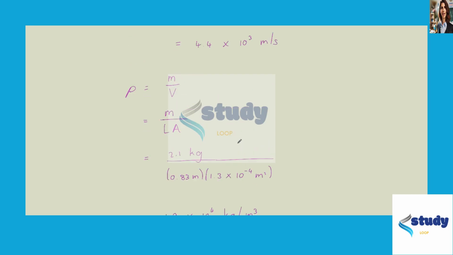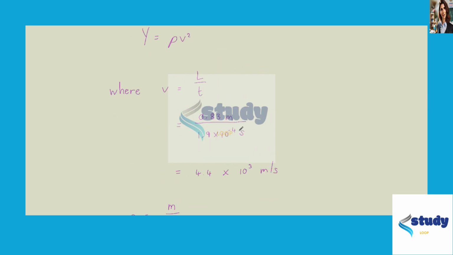We know the length of the bar to be 0.83 meters, and we know the cross-sectional area to be 1.3 times 10 to the minus 4 square meters. So hence we get the mass density of this material to be 1.9 times 10 to the 4 kg per cubic meter.